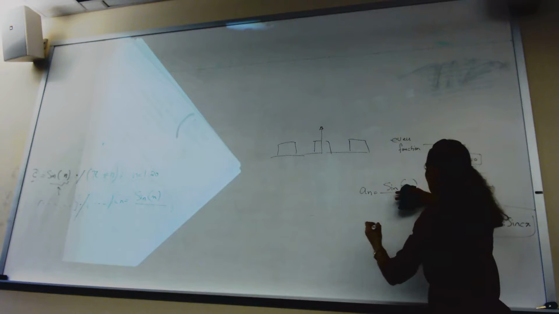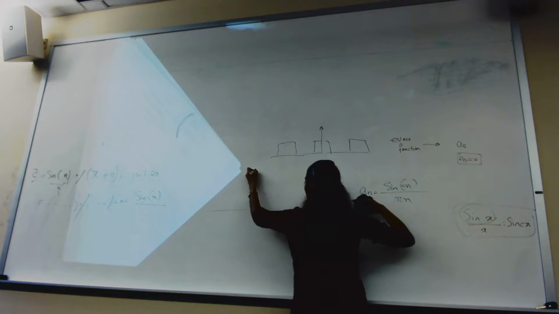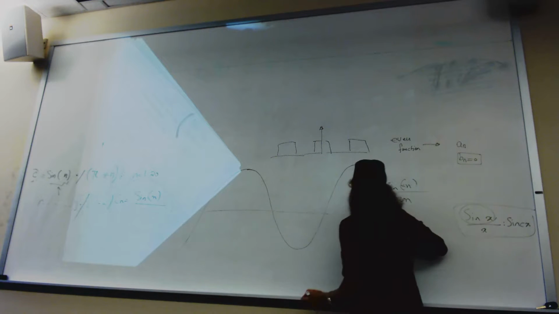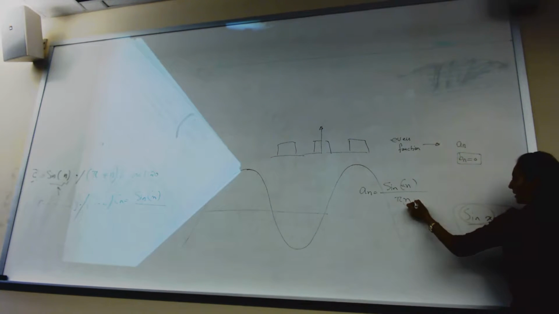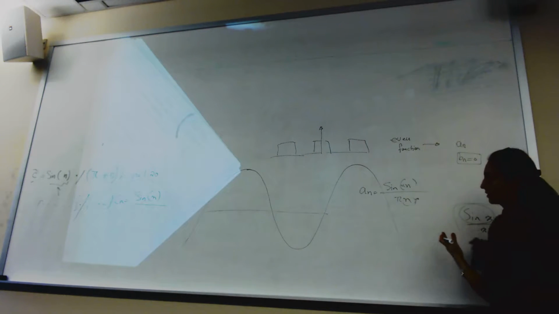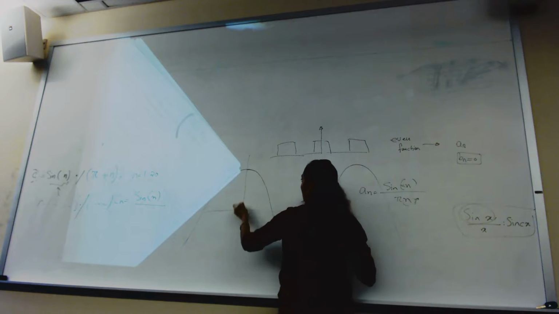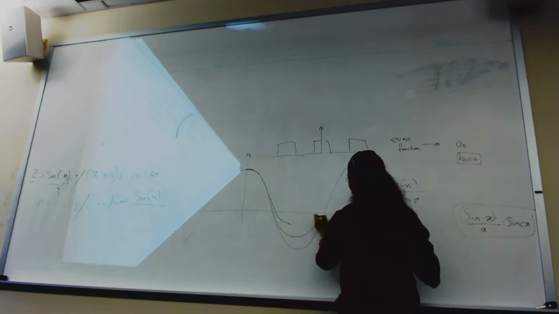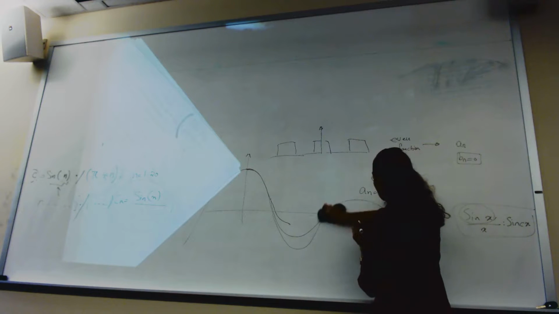But then, as you increase n, you're dividing by it, so the whole thing is going to decrease, and the amplitude will decrease as you go.